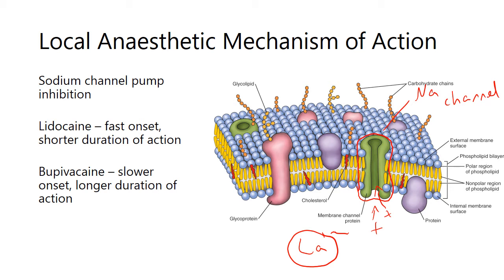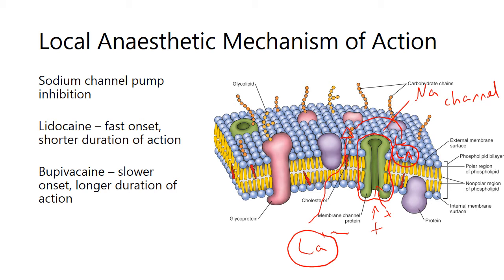Because they're ionized, they are able to travel through the cell membrane and enter the inside of the cell, which then allows them to attach themselves. So I'll just draw this on here, local anesthetic there. It allows them to attach themselves to this sodium channel protein.